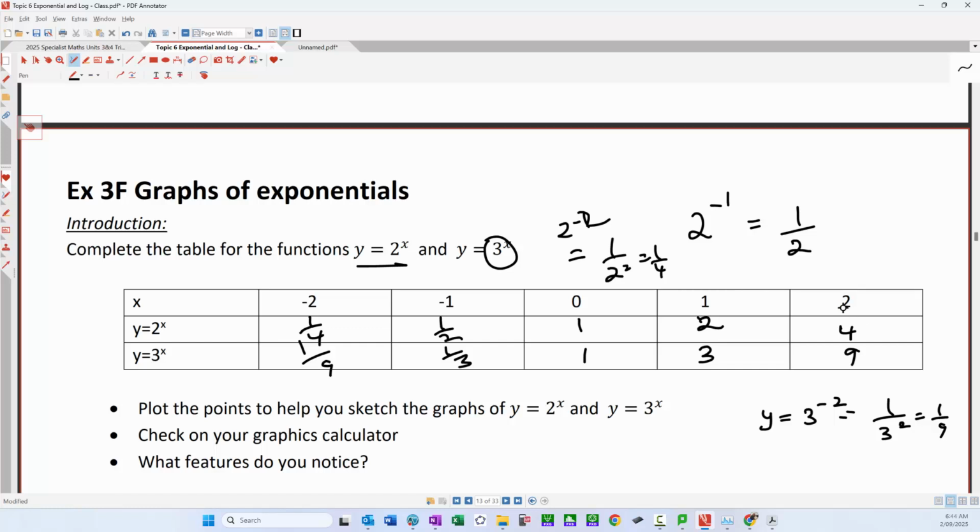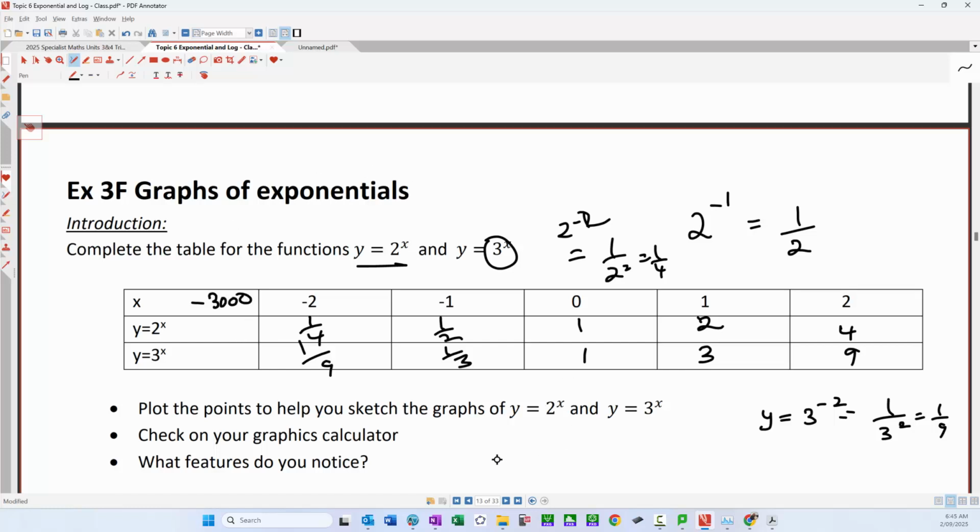Now, just a couple of things. What you should see is that as x increases, these values will tend towards infinity. They'll just get larger and larger. These values over here, as x tends toward negative infinity, can you see what's going to happen? Let's add another entry and go negative, I don't know, 3,000.